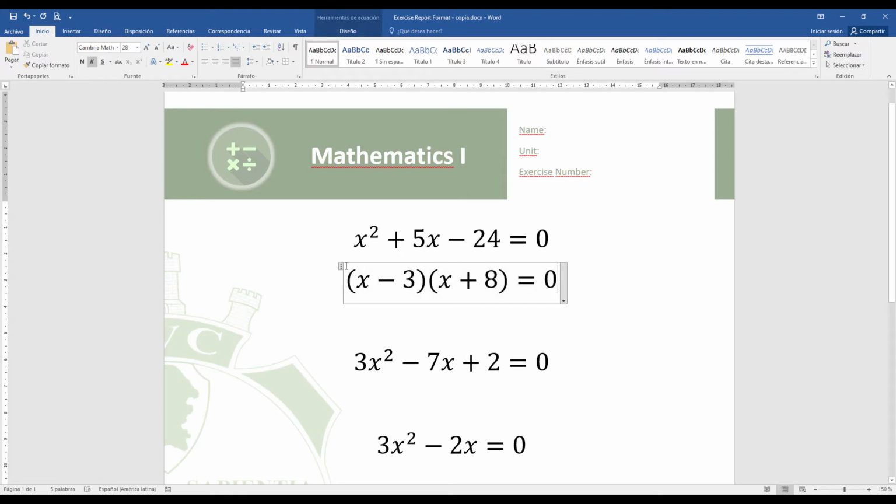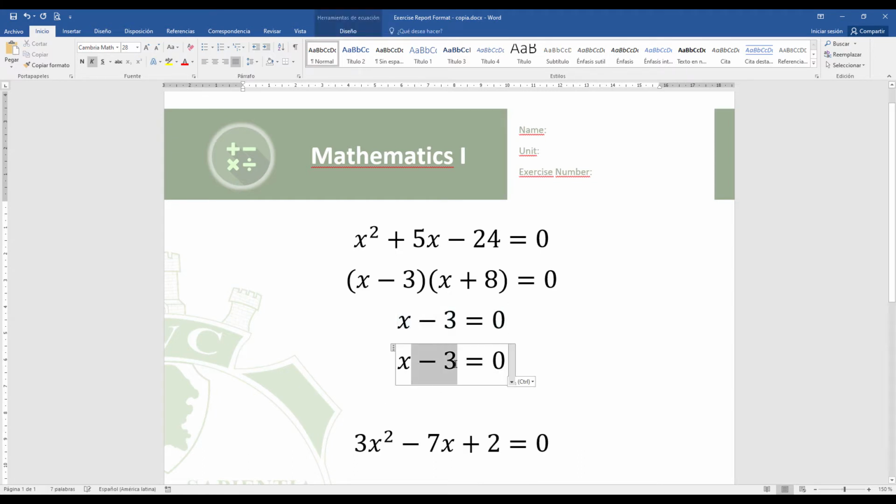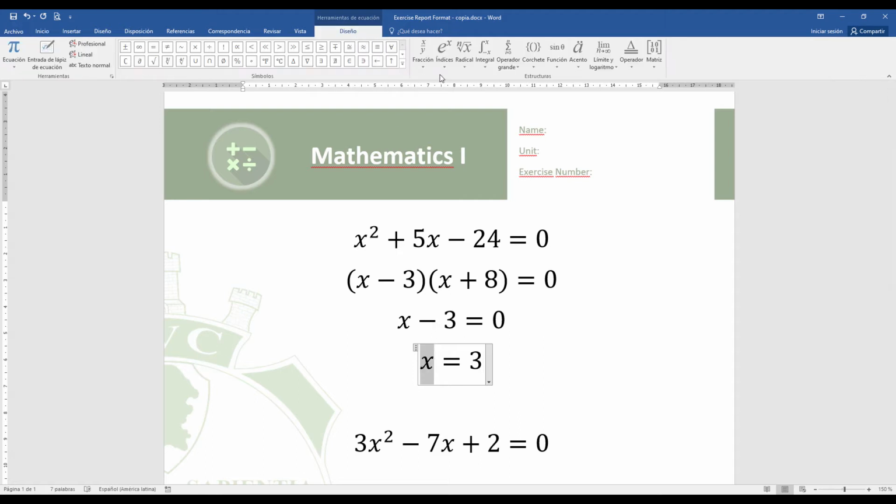For example, here you will do that. You need to get it out of the parentheses, so you pass it to the other side, and this is 3. The x1 can be 3.